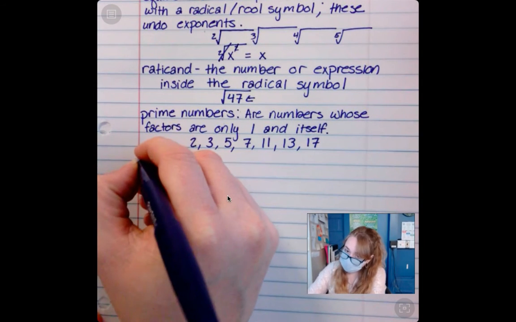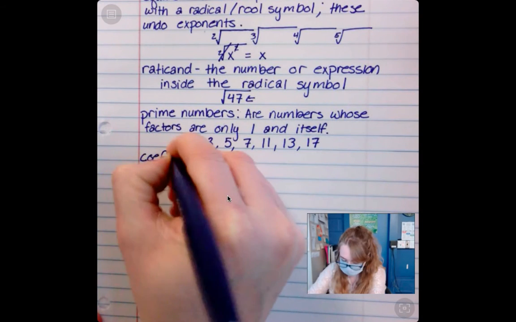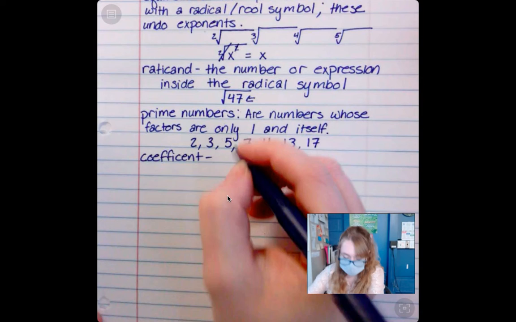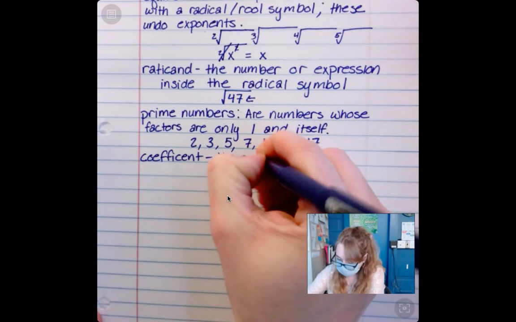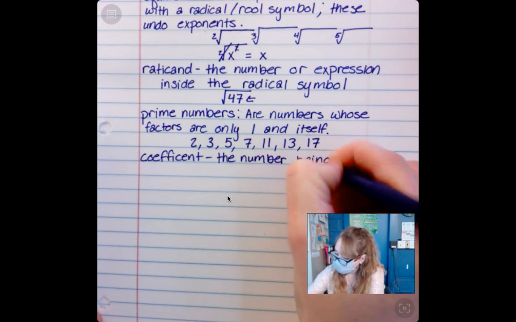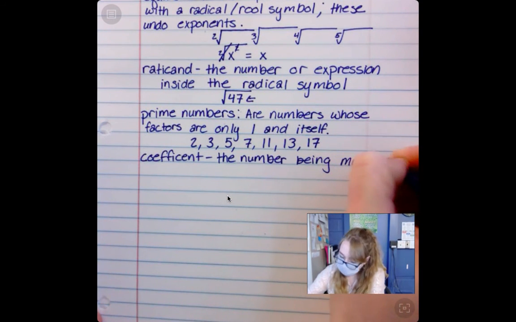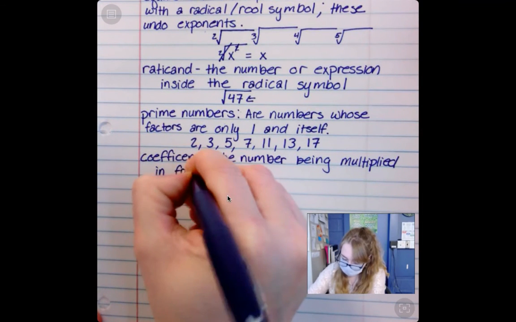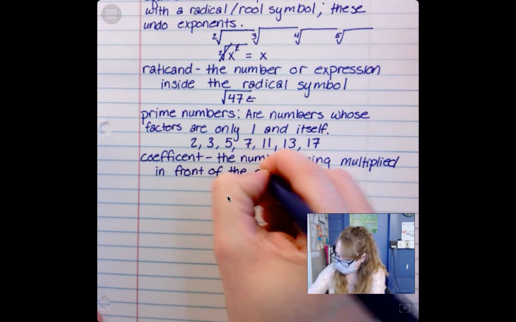And the last definition should sound a little familiar here. It is coefficient. Now, a coefficient in this context is the number being multiplied in front of the root.